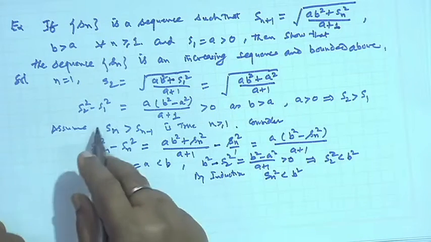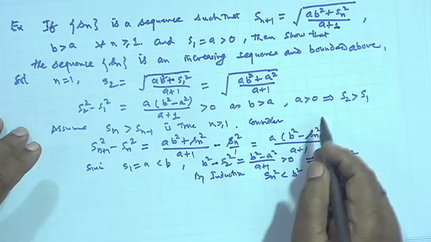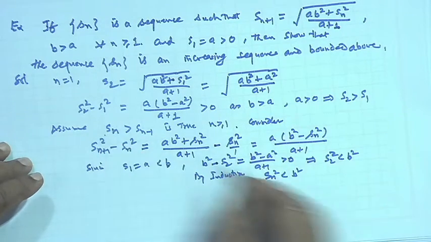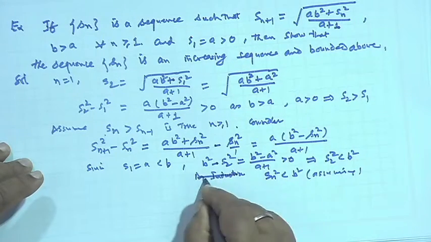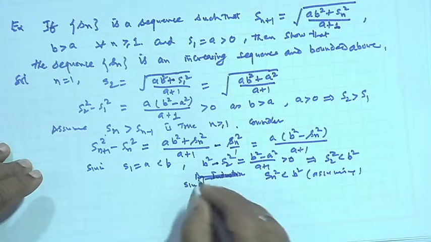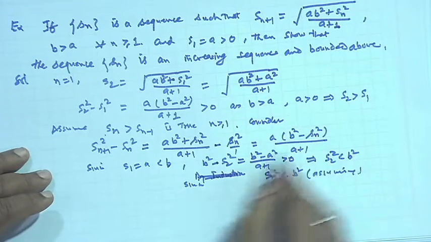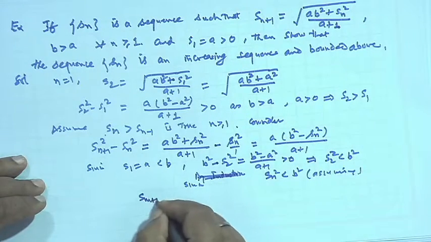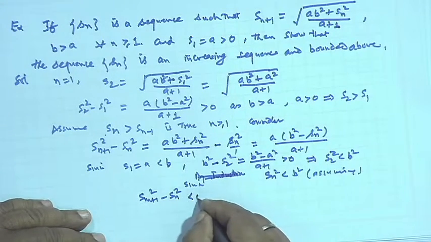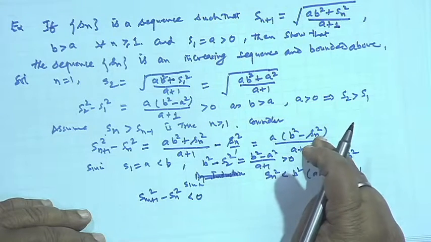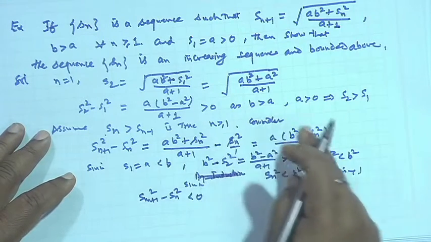This we are assuming, is it not? Here we will show that it is true. Since this is true for n, so we are assuming, therefore this part, S(n+1) square minus Sn square, will be negative. S2 is greater than 0.